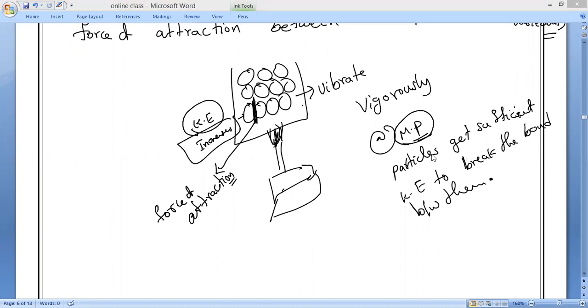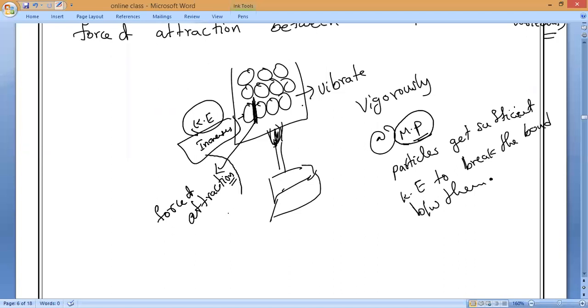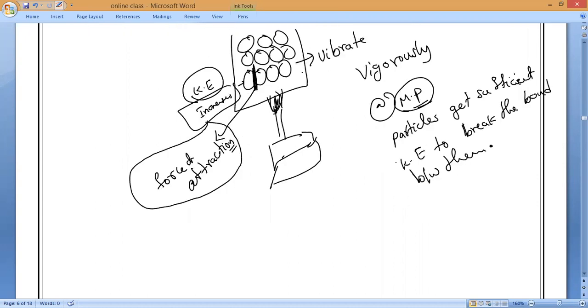Once it reaches the melting point, they get sufficient kinetic energy to break the force of attraction between them, and they start displacing from their fixed positions. That is the liquid state.